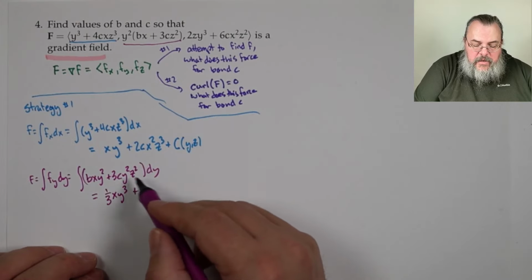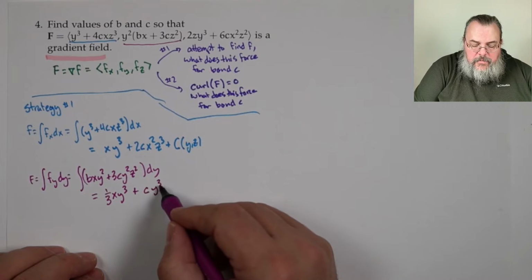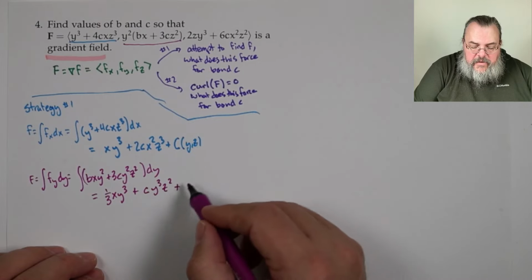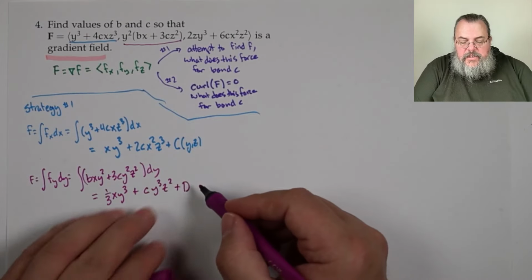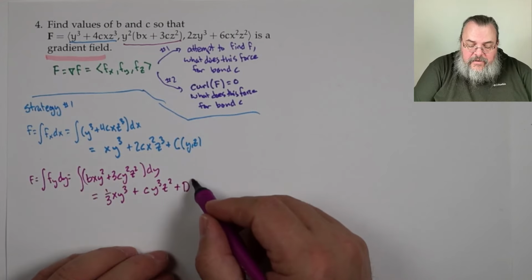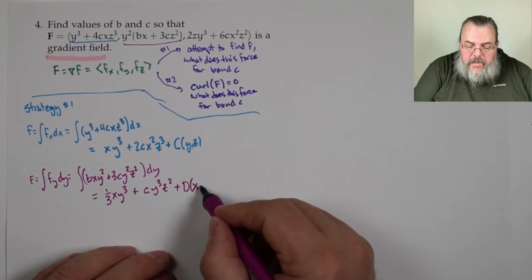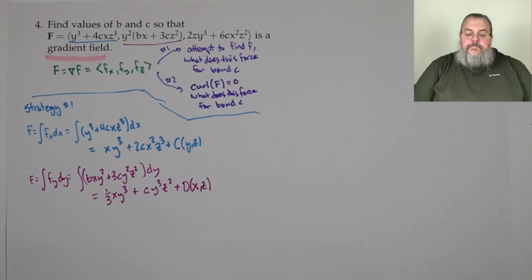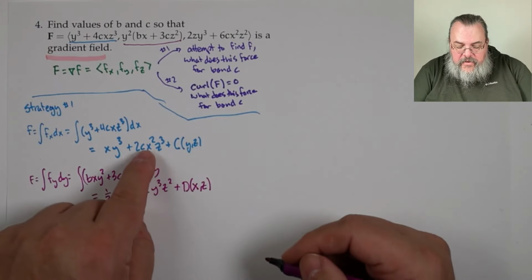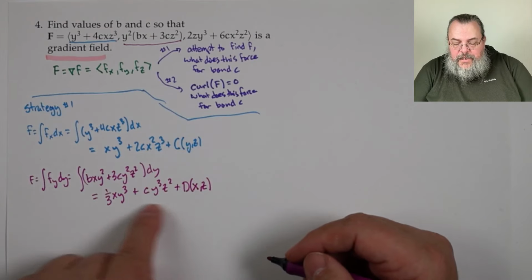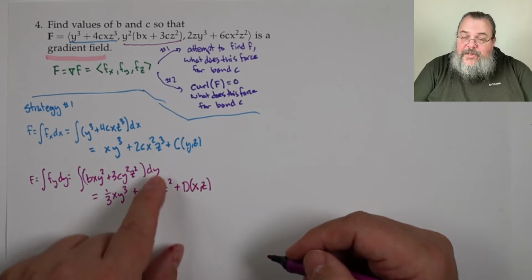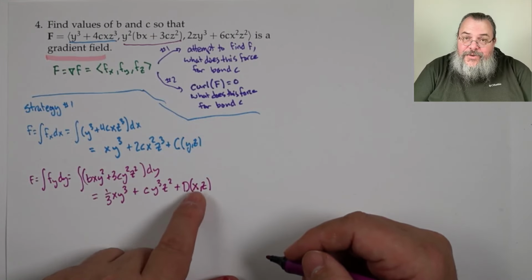And then here we're going to get a c y cubed z squared plus, again, anything which is constant with respect to y. So anything that depends on only x and z. All right. So that might be, for instance, why you notice there's no x cubed z cubed showing up here. Well, that's intentional because it wouldn't be shown.